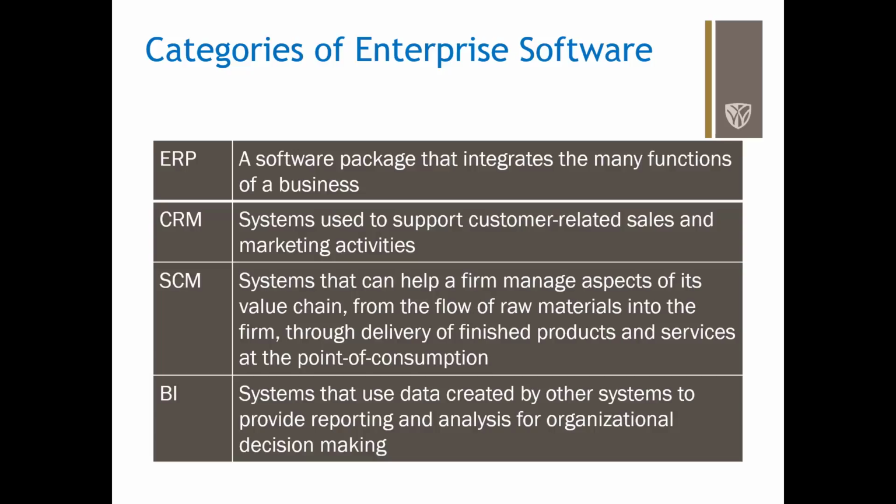And then BI stands for Business Intelligence. And these are systems which are created to take data captured from other systems and then analyze it and put it into a form that might be useful for decision making. So that might be doing something like looking at trend analysis.